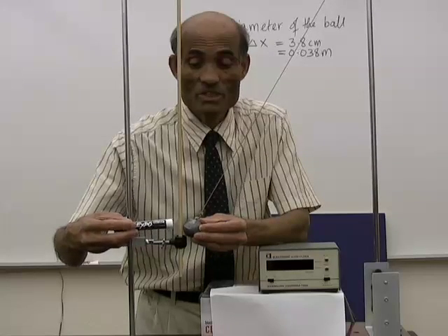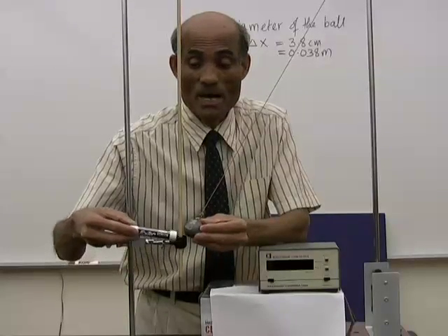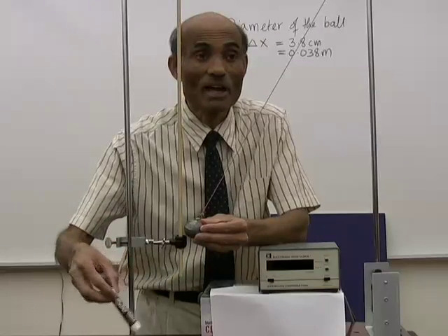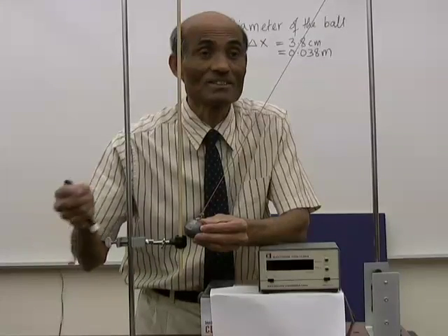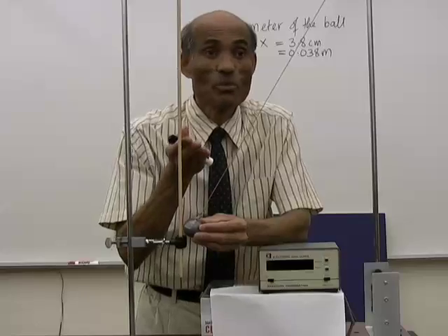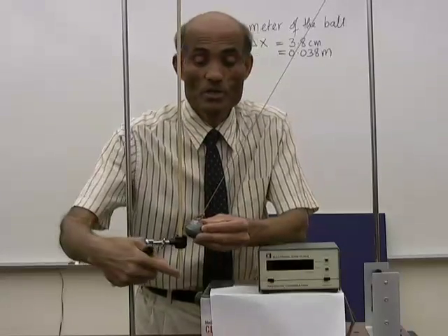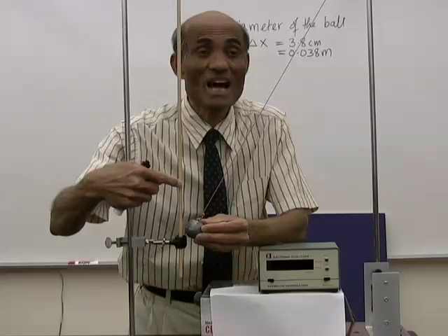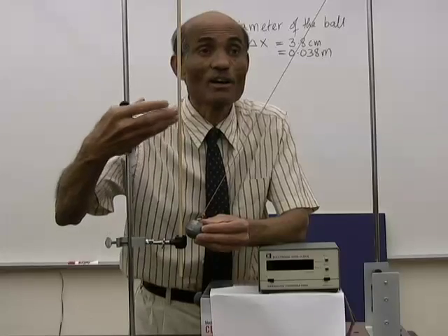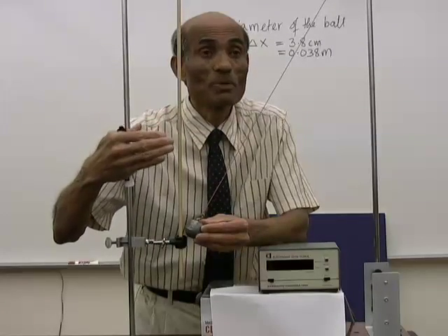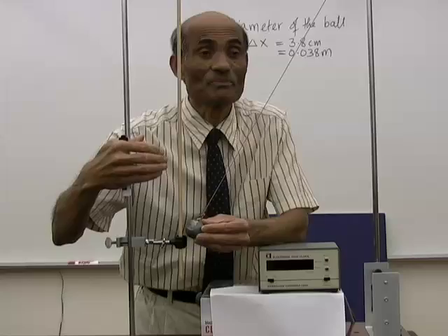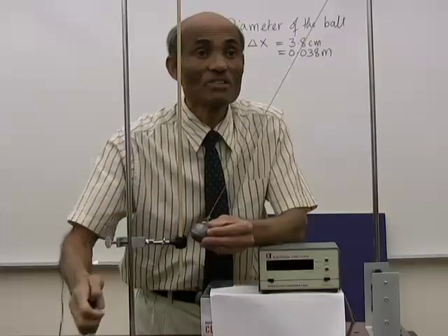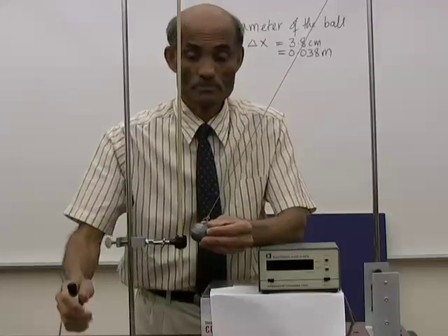Now divide this 10 centimeter by the measurement you have, and that is the conversion factor. Now as I raise the ball higher and higher, you must be able to measure the height of the ball on the screen and multiply it with the conversion factor. Alright, so do the conversion factor now.